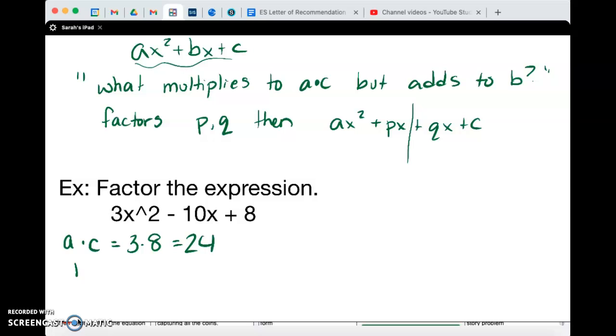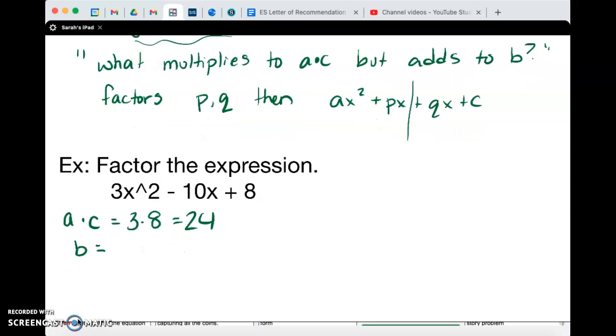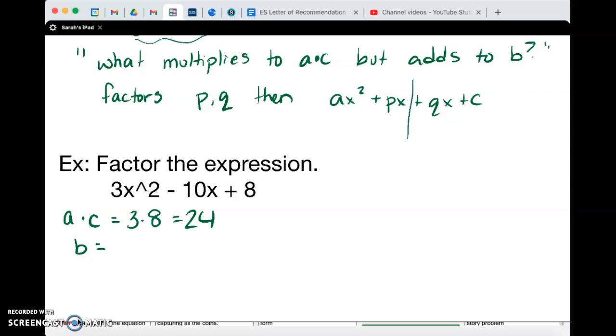The B value is negative 10. So it multiplies to 24, adds to negative 10.